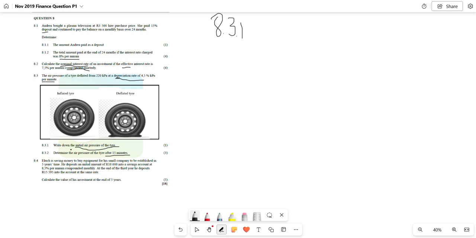8.3.1 says write down the initial air pressure of the tire. It means before it deflated, what was the original pressure of this particular tire? If we read here, we understand that before it deflated, the pressure was 220 kPa. That was the initial pressure before it started to depreciate.